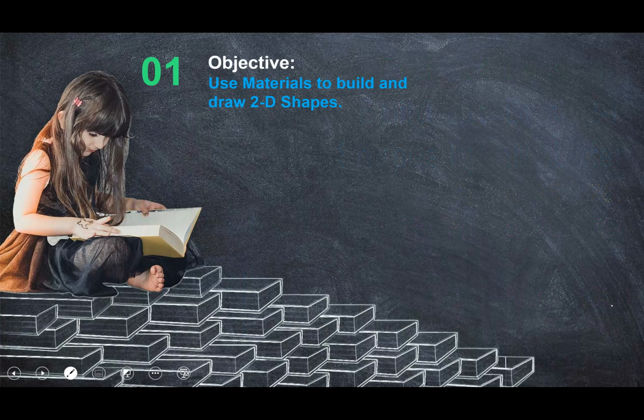So what are we going to learn in this lesson? We are going to use materials to build and draw 2D shapes. This lesson is going to be fun for all of you kids because you need to take materials and build a 2D shape.